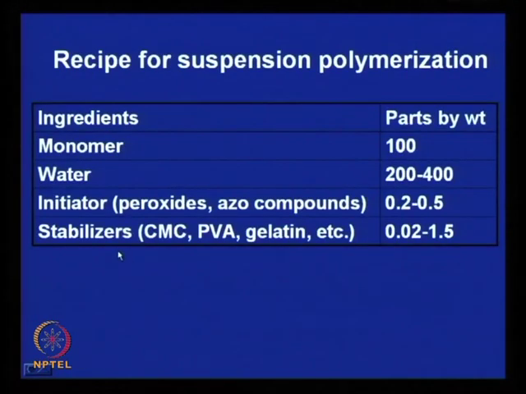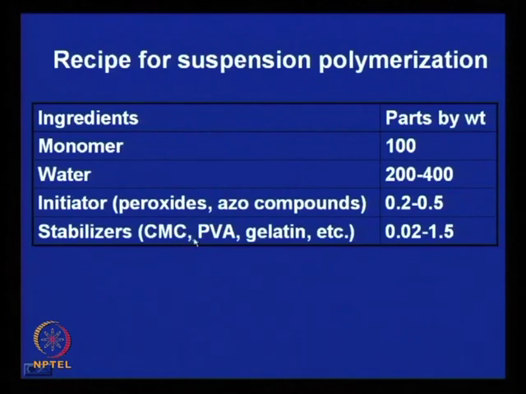Now, look at the recipes for suspension polymerization in general. The ingredients are monomer, water, initiator and stabilizer. This is the suspension stabilizer. Initiators are peroxides and azo compounds, and stabilizers are carboxymethyl cellulose (CMC), polyvinyl alcohol (PVA), and gelatin.